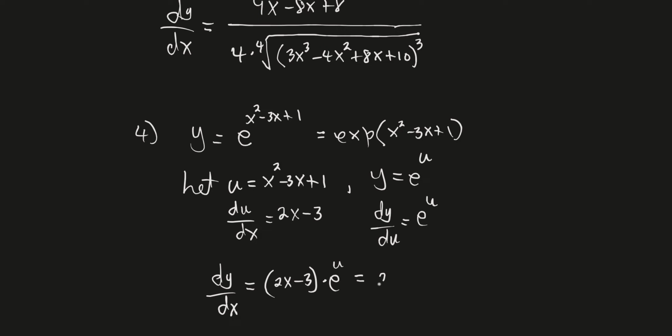So then I end up getting 2x minus 3 times the quantity, and then I have e. But instead of writing e to the u, I go back and form my composite. I plug that function back in there, and I get e to the x squared minus 3x plus 1.